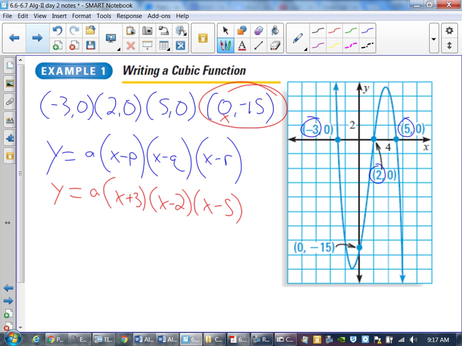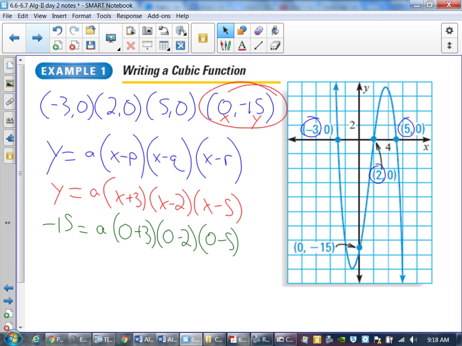X and y. So you substitute in. Y is -15. So we have 0 plus 3, 0 minus 2, and 0 minus 5. Which means you have to multiply those 3 values together.